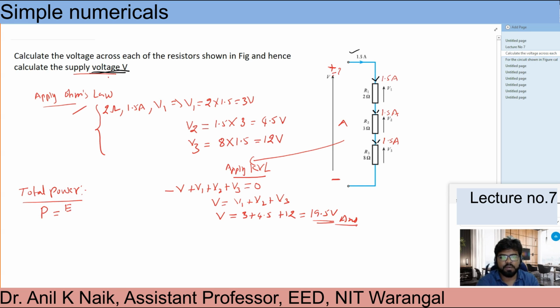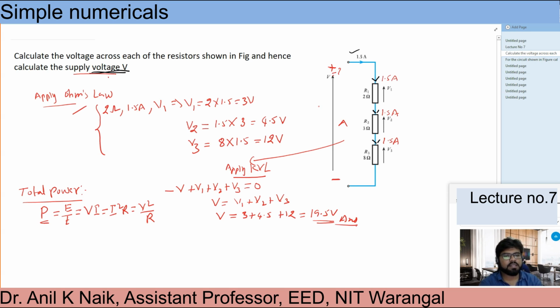That is the expression we have already seen. This can also be written as V into I, or I square R, or V square by R. These are the different expressions we have to calculate the power in any circuit.